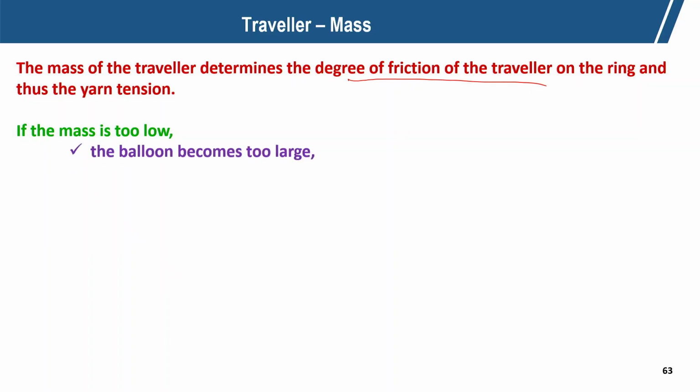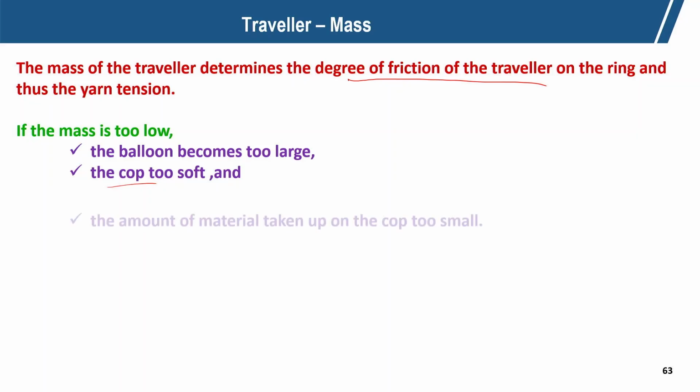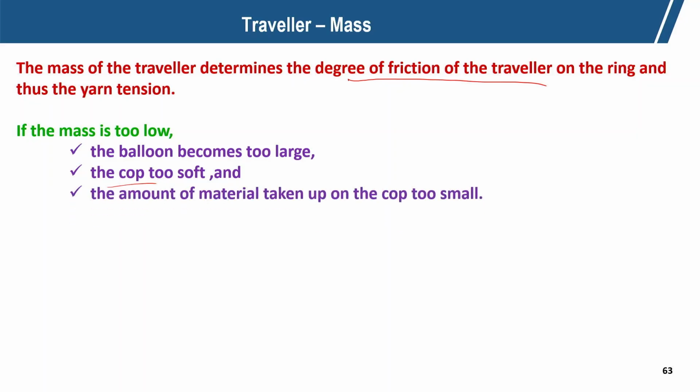Balloon becomes larger. So, larger balloon, so the cop is too soft because of the lower tension. The amount of material taken up by the cop will be smaller. So, per cop will be too small. So, that is why your number of doffs will be frequent.